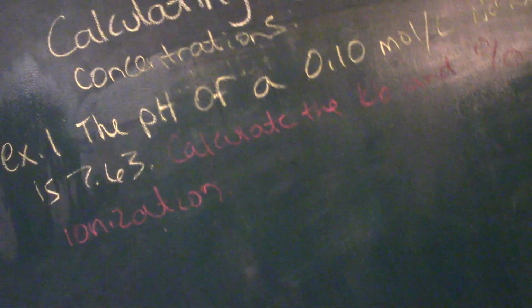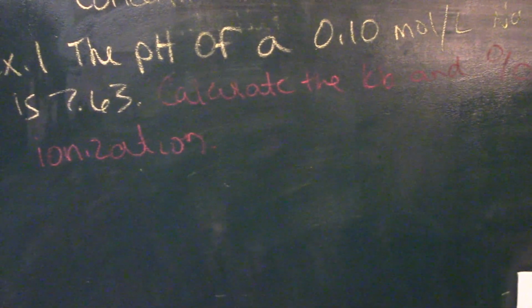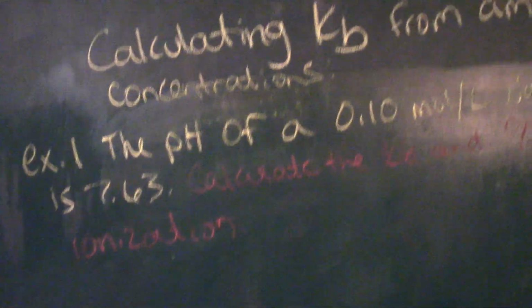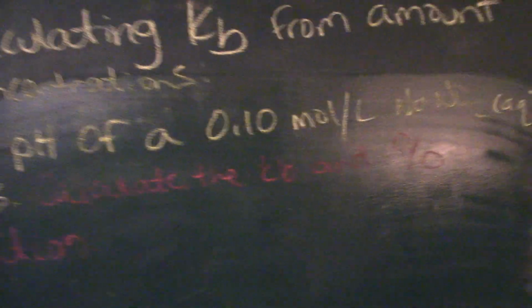So here's the deal, right? It gave you pH rather than pOH. So we do need to convert pH to pOH. So that's going to be one of the things that we're going to need to focus on. So when we look at this, first and foremost, we need to dissociate the ions.